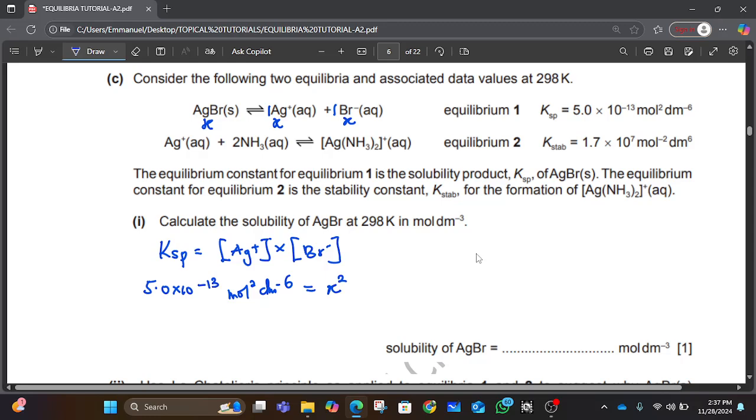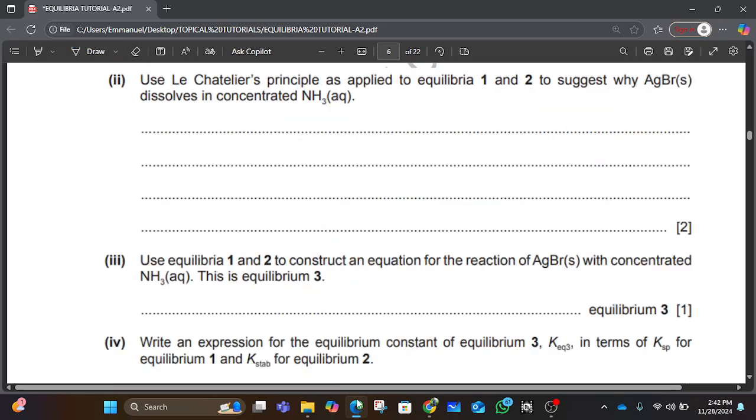And so to find X, we find the square root of both sides, and when you do that, you get X to be 7.1 times 10 power minus 7 mole per decimeter cube, and this X is the same as the solubility of the AgBr, so this will be 7.1 times 10 power minus 7.